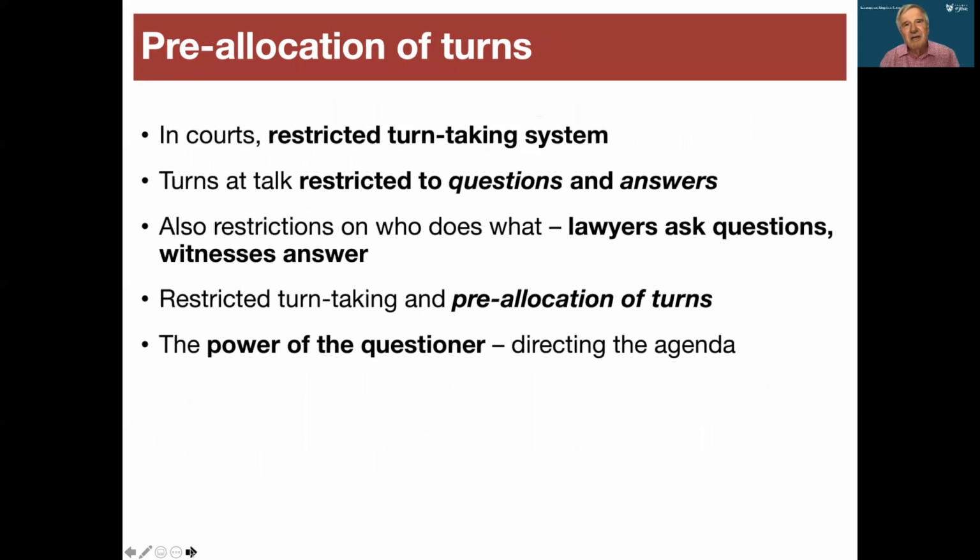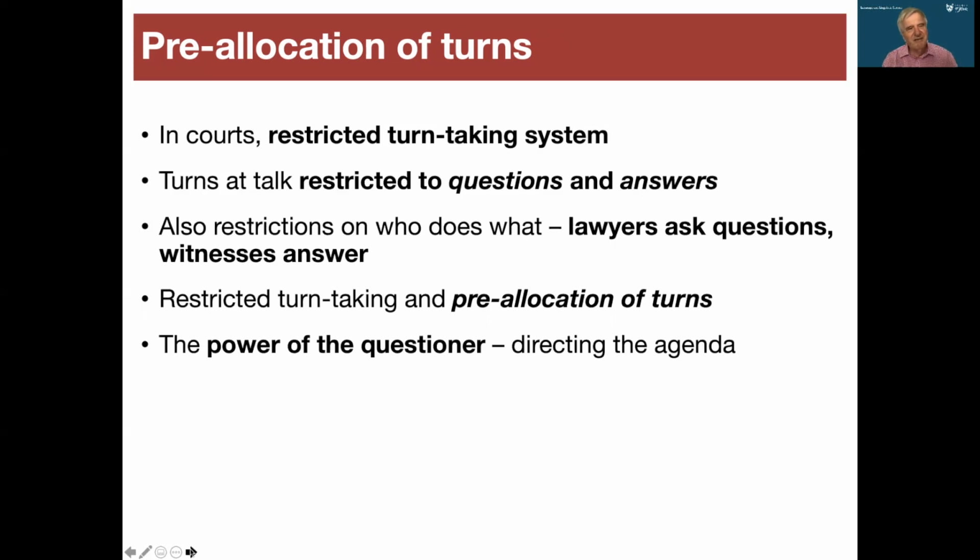This gives, and this is very important right away, the questioner a considerable power, because in effect, they direct the agenda. The one who asks the questions directs the agenda. Of course, witnesses and defendants find this very difficult, just as people in ordinary news interviews on media find that difficult, because the agenda is being set by the one asking the questions.